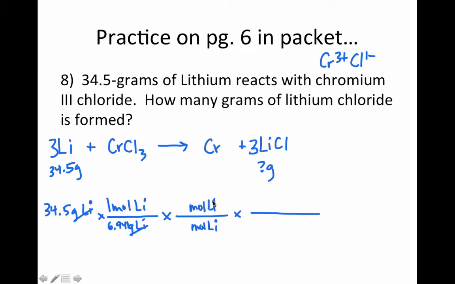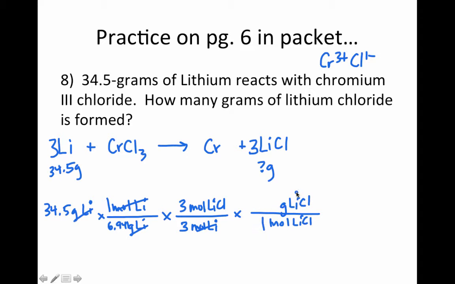To moles of LiCl, lithium chloride. So moles of lithium to moles of lithium chloride. Oh, the ratio there is 3 to 3. You can reduce that to 1 to 1 if you like to. I usually just keep it 3 to 3. Moles of lithium cancels out. Then we do moles of lithium chloride to grams of lithium chloride. Okay.